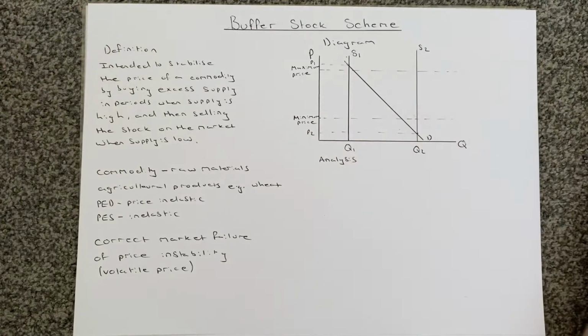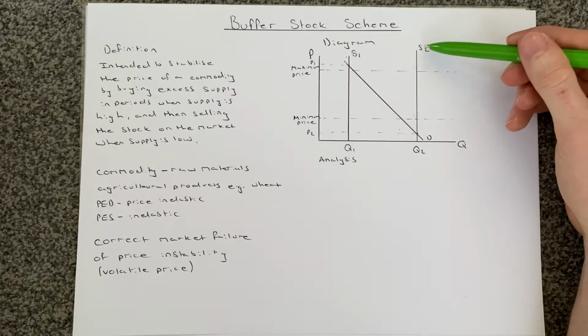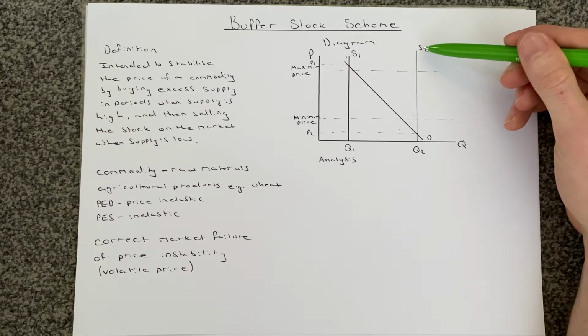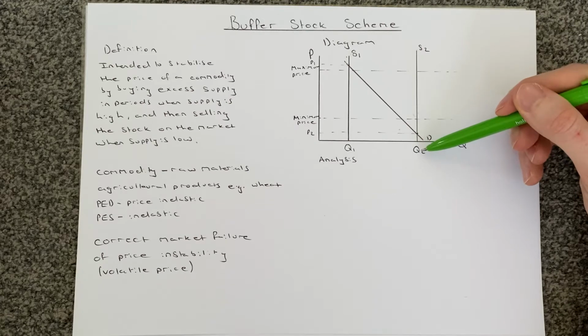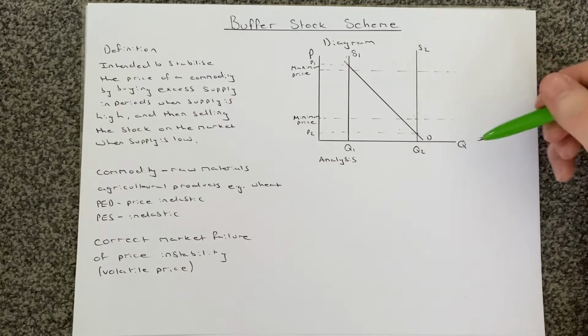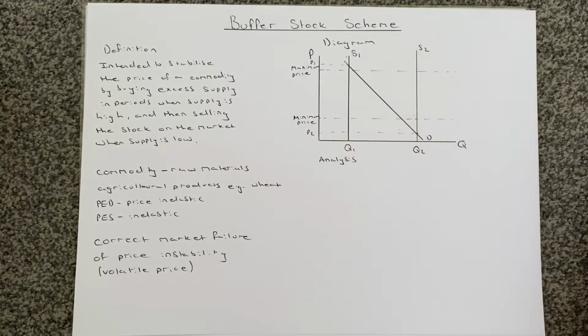If we have a look at our diagram so far, we have a supply of S2. And as we can quite clearly see, the quantity with S2 is significantly large. So we have a quantity of Q2 associated with the supply curve S2. And as we can see on our diagram, this quantity is very far from the origin.